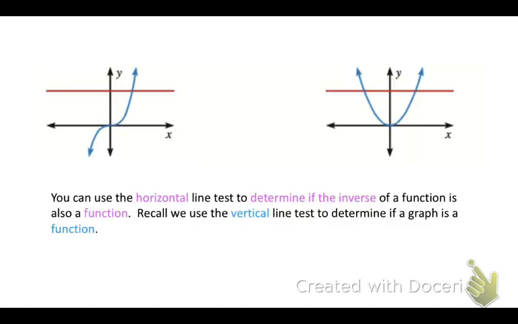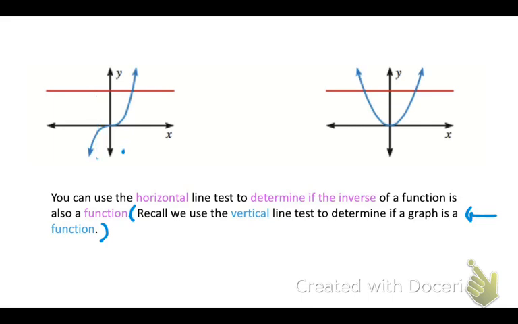Given a graph, we can determine if its inverse will be a function. So let's first look at this second sentence. We can use the vertical line test to determine if a graph is a function, and we did this in Algebra 1. So if our vertical line just goes through one point, we know that it is a function.